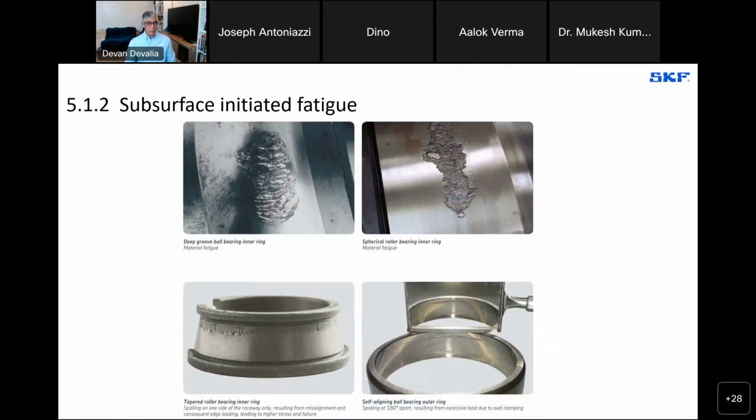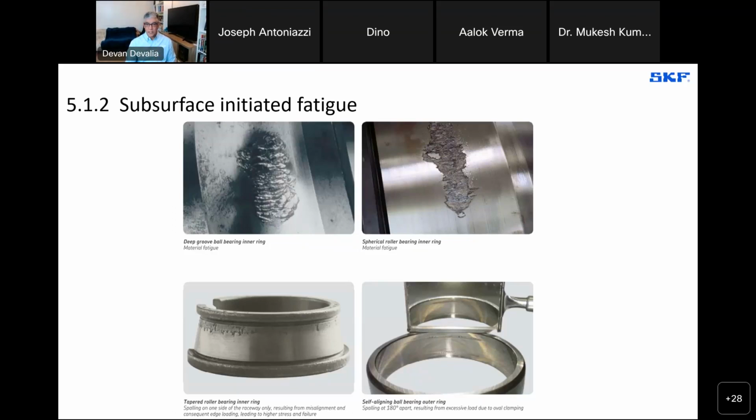I'm not telling you that after this talk you're going to be a bearing damage or failure analysis expert, but you'll be well on your way at least. Okay, so you need to see and touch a lot of bearings from different kinds of applications to hone the skill of doing a good failure analysis on a bearing.